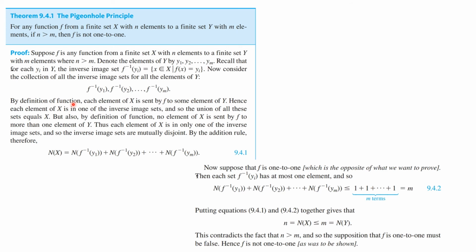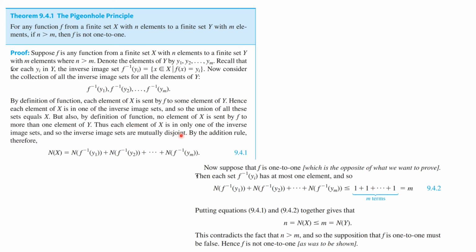Now, by the definition of a function, because f was a function, each element of X is sent by f to some element of Y. Hence, each element of X is in one of these inverse image sets. And so the union of all these sets has to equal X. But also, by the definition of function, no element of X is sent by f to more than one element of Y, because a function takes things to a unique image.